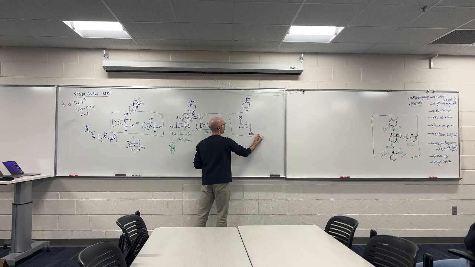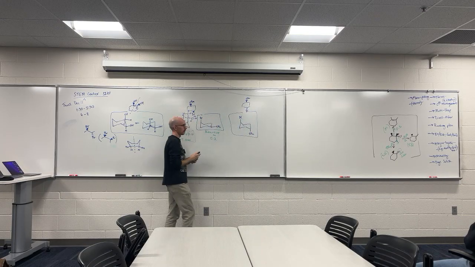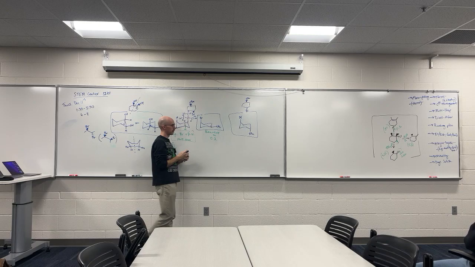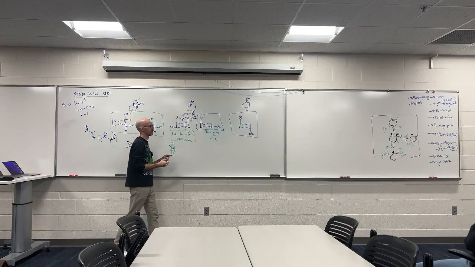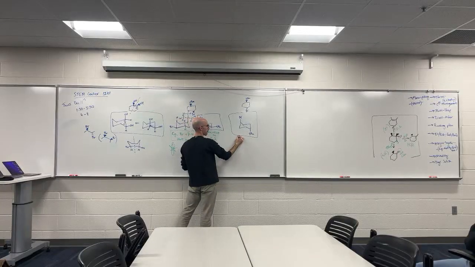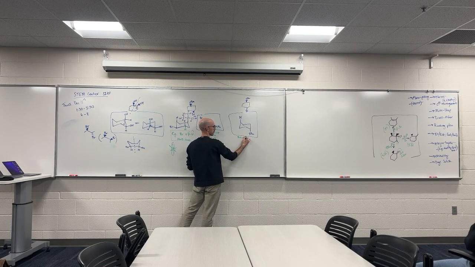B has a lower energy transition state, easier to get to this alkene. I'll say that again. Higher energy, right? It's higher energy. And so it has what? You need less energy to put into it to react with stuff. But you said it's higher energy.